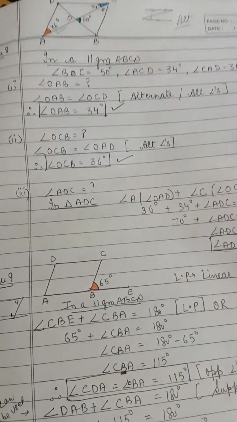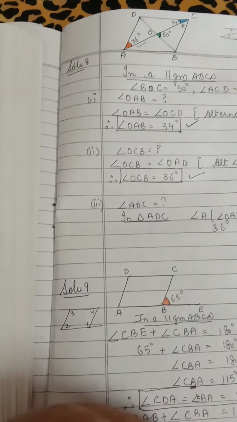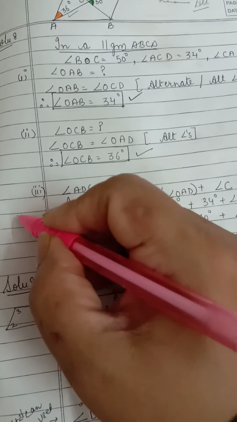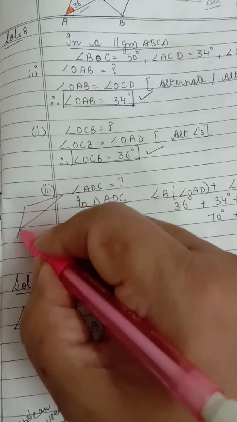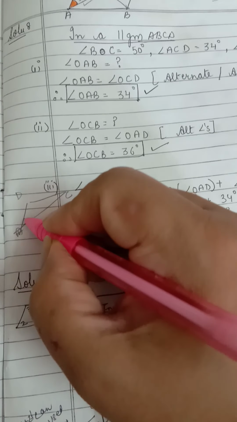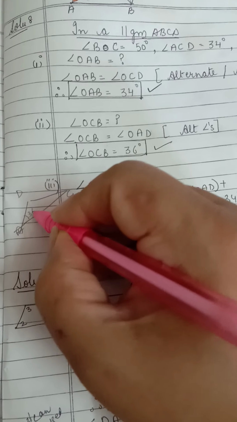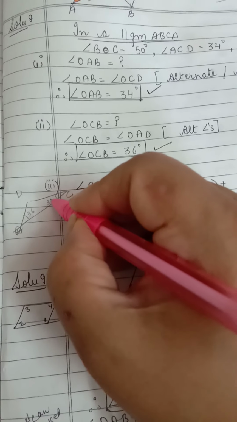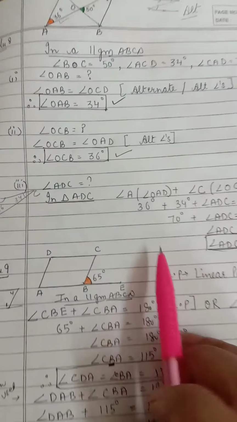Next, ADC. Now here beta, you just see the triangle I am going to take. I am going to take the full triangle ACD. This we have already got 36, this is given as 34, and we have to find this angle.